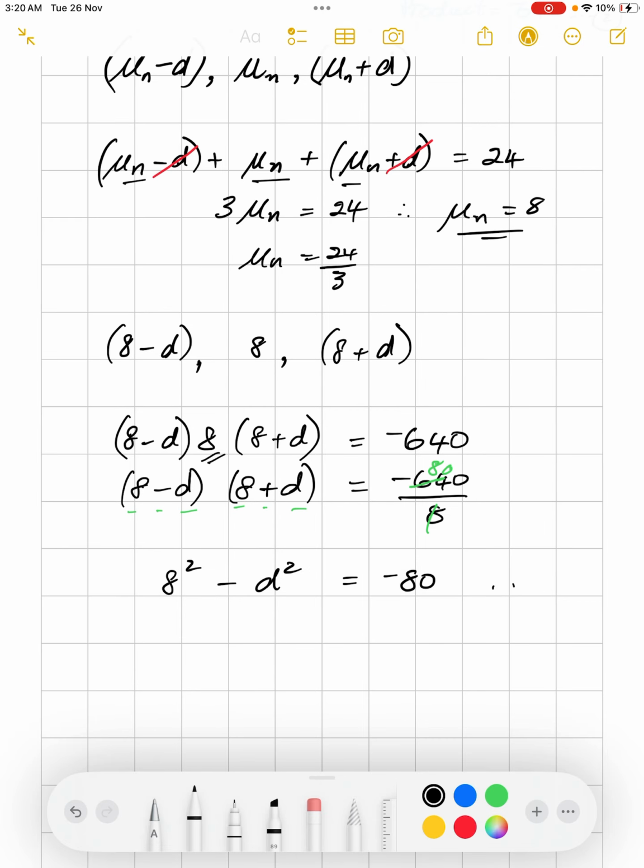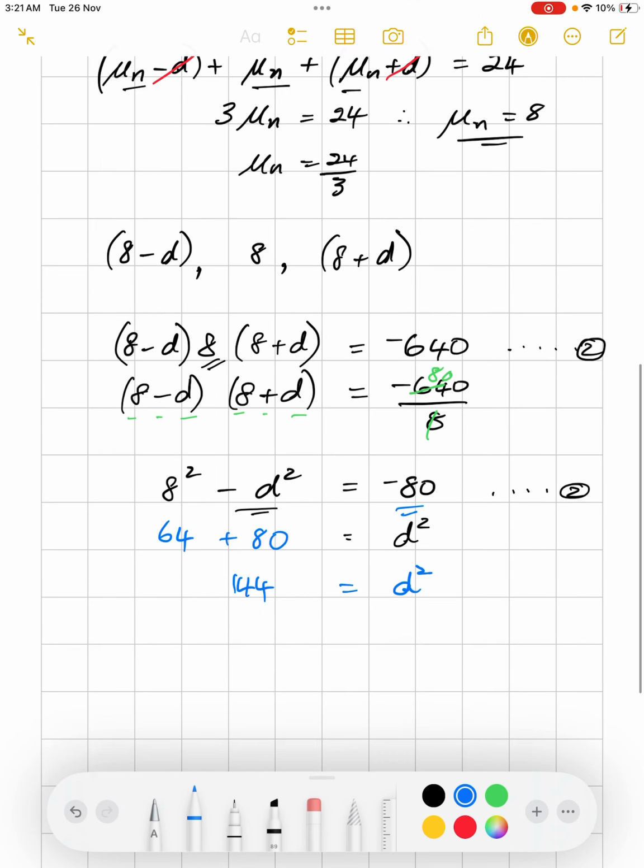This is equation 2. We had equation 2 up here, we just played around with equation 2. Now we can take that d squared across to be positive d squared, bring that negative 80 across to be positive 80, and 8 squared is 64. So we've got 144 is equal to d squared.